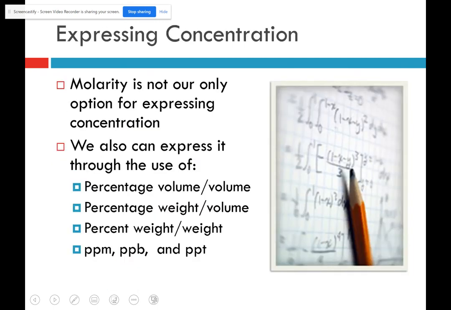Now, molarity is arguably in chemistry the most common way we're going to report concentration, but it's not always the way we report concentration. We also can express things in a percent volume by volume, percent weight by volume, or percent weight by weight. We also often use parts per million, parts per billion, parts per trillion.